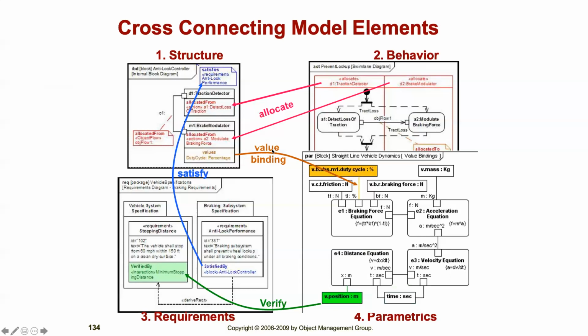We can have a value that's binding, once again, with something in the internal structure. And so that's bound to a physical quantity that is related. We can have the allocation of things that are in an activity diagram that are then allocated to parts of a structure. So a functional decomposition of what the system is actually designed to do and how you're accomplishing it through your design.